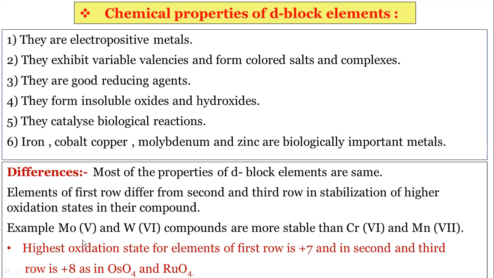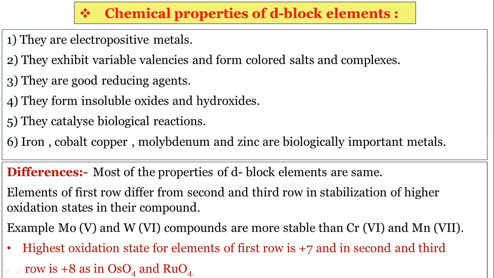One example is given: molybdenum plus 5 oxidation state, tungsten plus 6 oxidation state. These compounds are more stable than chromium plus 6 oxidation state and manganese plus 7 oxidation state.